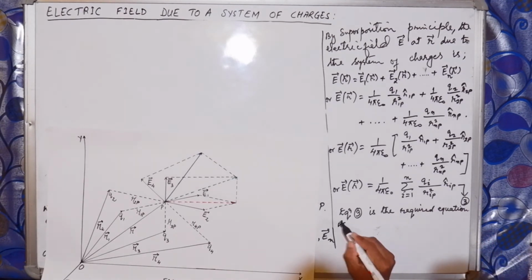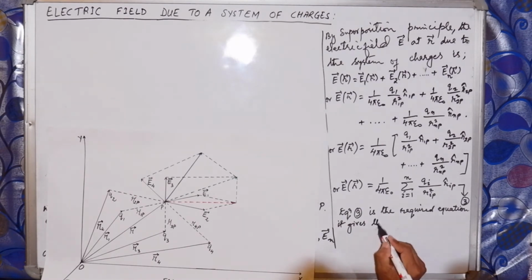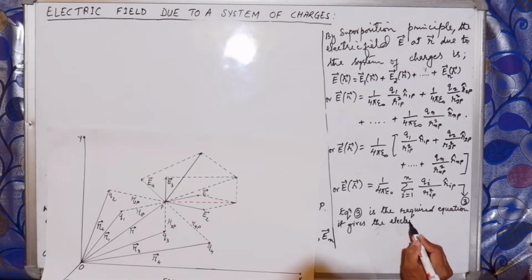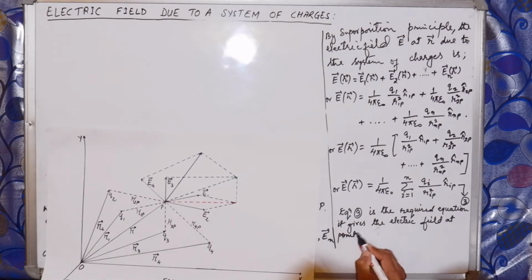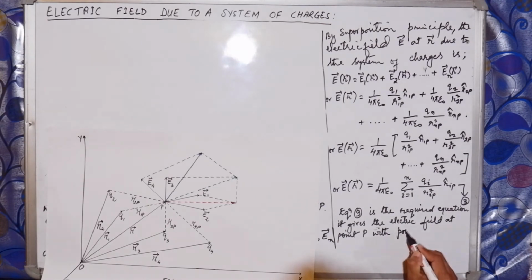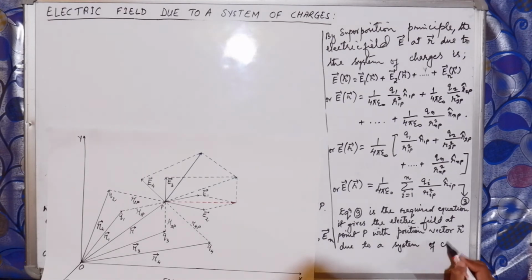It gives the electric field at point P with position vector R due to a system of charges Q1, Q2, up to Qn.